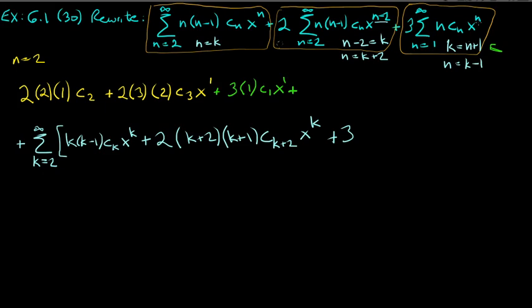Wait, did I get that right? In other words, if k is 2, then n is 1. Okay, I think that works, right? So then this is going to be... wait, hang on. Something's really wrong here.